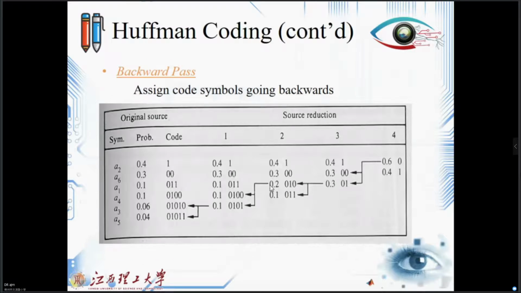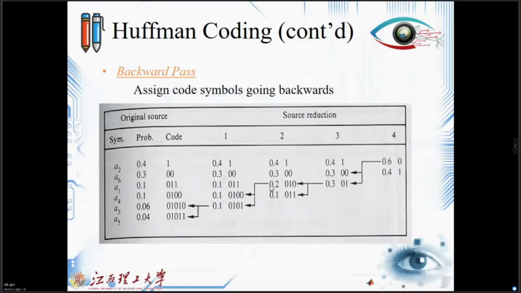But now to return back, we need to do the backward pass and assign the code symbols going back. What we will do: we know that the higher probability, the 0.4, we call it 1, and the other one we call it 0.